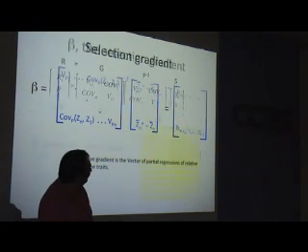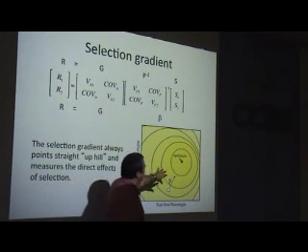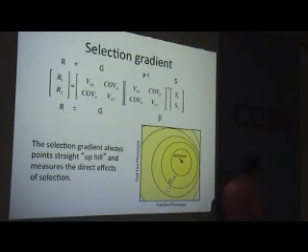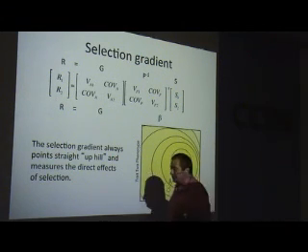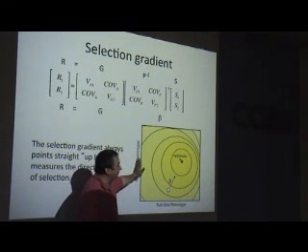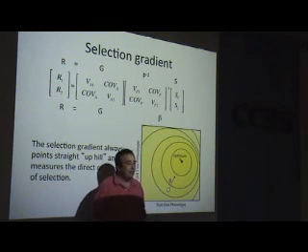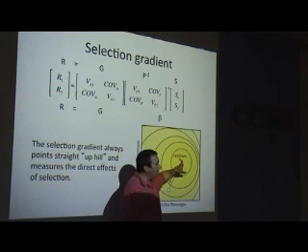Okay, so here it is. Here's our optimum. This is the idea of an adaptive topography, which was introduced by Sewall Wright. Here is trait 1, milk yield. Here's trait 2, butterfat content. And here's our optimum, what we're aiming for.